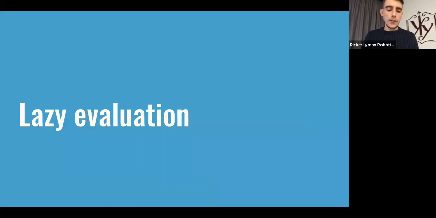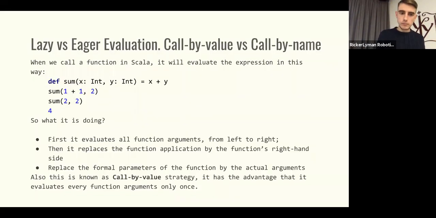Yeah, so another topic which I would put under these functional primitives is lazy evaluation. So let's go through the regular flow of evaluating expressions in Scala. Whenever we supply something to a function, the first thing that is done is that the arguments are evaluated.